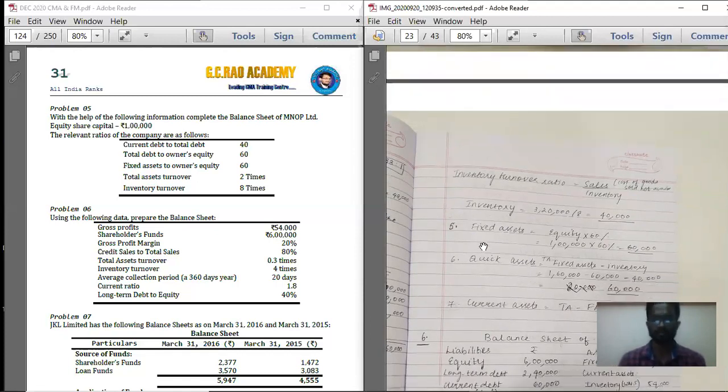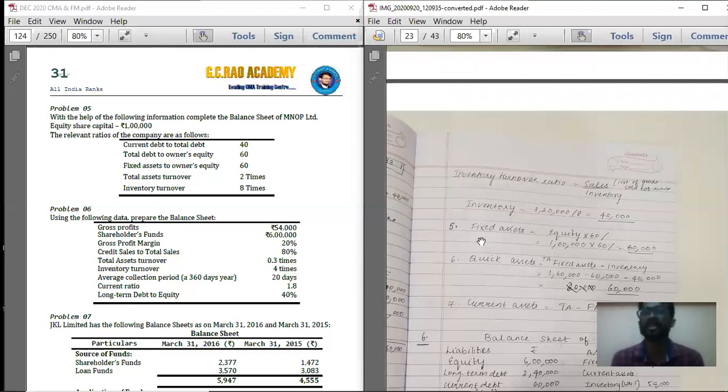Inventory is 40,000. One more ratio we haven't used till now; the other 4 ratios we used. That is fixed assets to owner's equity is 60%. Below that, point number 5. Fixed asset to owner's equity: fixed assets is 60% of owner's equity. Here, how much is the owner's equity? 1 lakh. Into 60% is the fixed assets.